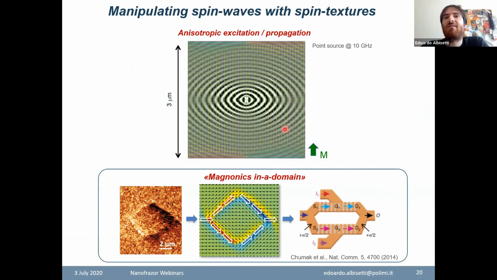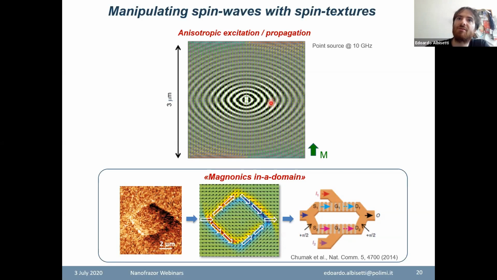If you have this sea of spins all aligned in one direction and you throw a stone into the lake, then you have ripples that propagate from the point of excitation to the shore. But depending on the direction that you consider with respect to the magnetization, the wavelength is completely different. And not only the wavelength, but the whole dispersion of spin waves is really different. Which means that if you can control point by point the direction of the magnetization, you can also control the properties of the spin waves that are propagating.